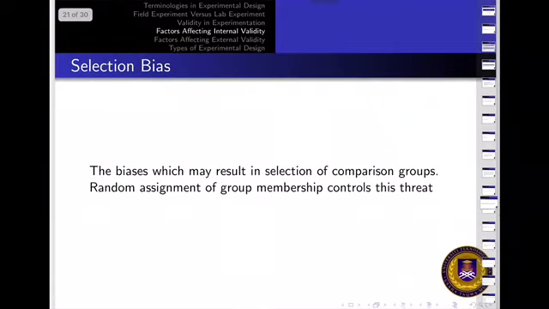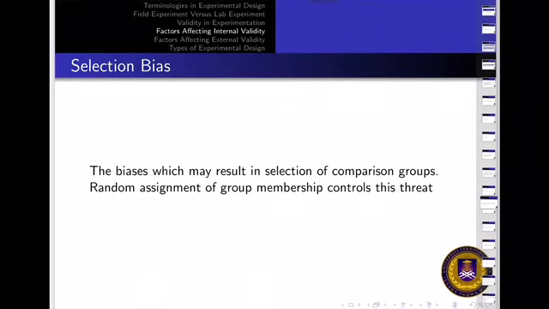Okay, selection bias. The biases which may result in selection of comparison groups, and then random assignment of group membership controls this trait. Selection bias is when we try to choose our respondents according to our needs.